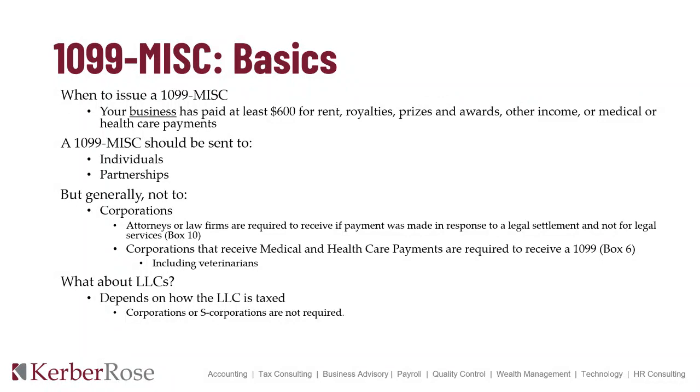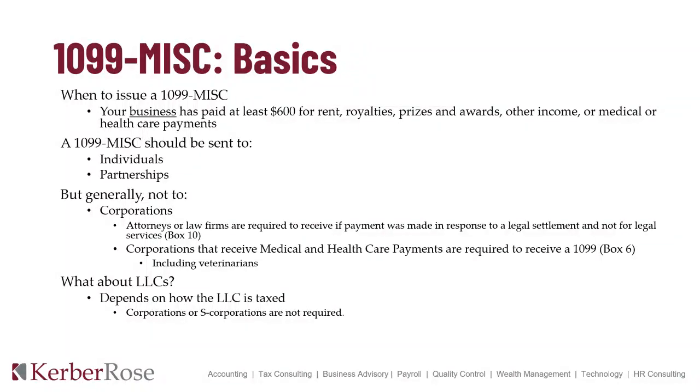1099 miscellaneous should be sent to individuals and partnerships, but we generally do not send them to corporations. There are two common exceptions there. That would be attorneys or law firms, who are always required to receive a 1099, and you're going to use the 1099 miscellaneous to report if the payment was made in response to a legal settlement and not for legal services, and that would go in box 10.